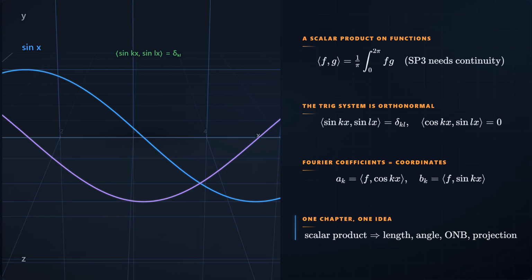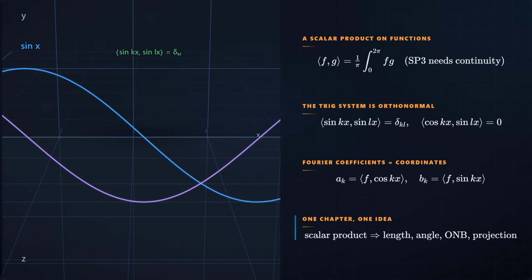Every piece was one idea, wearing different clothes. That's the whole of Chapter 1, Scalar Products, from a bare definition all the way to Fourier.